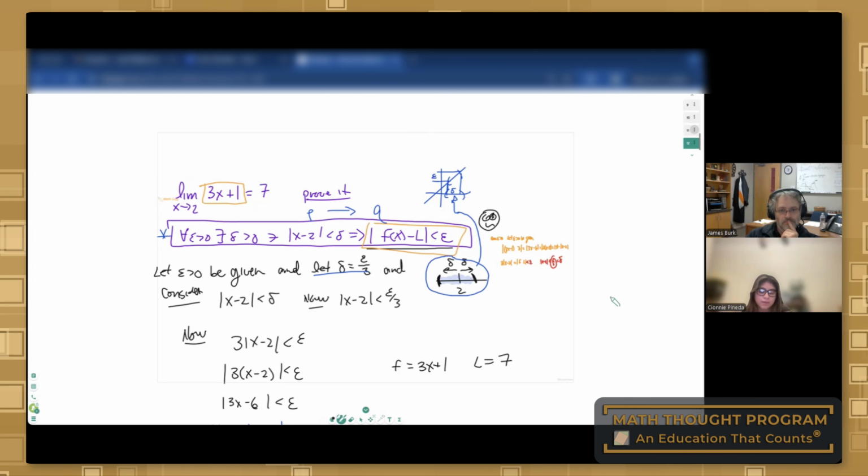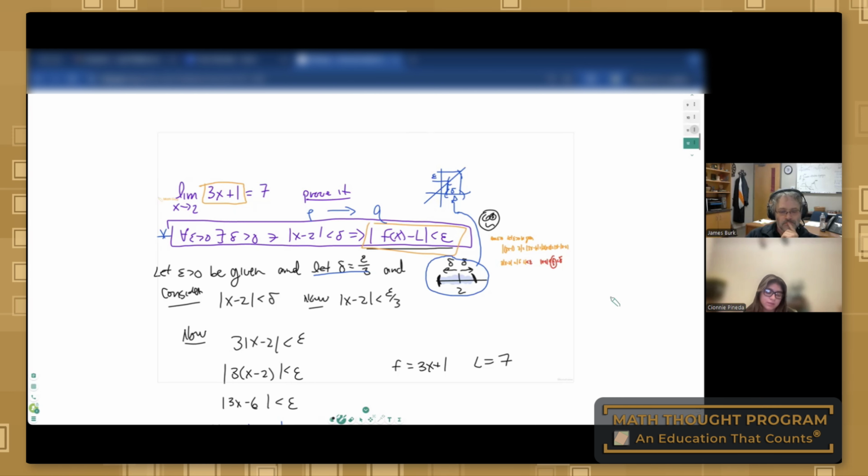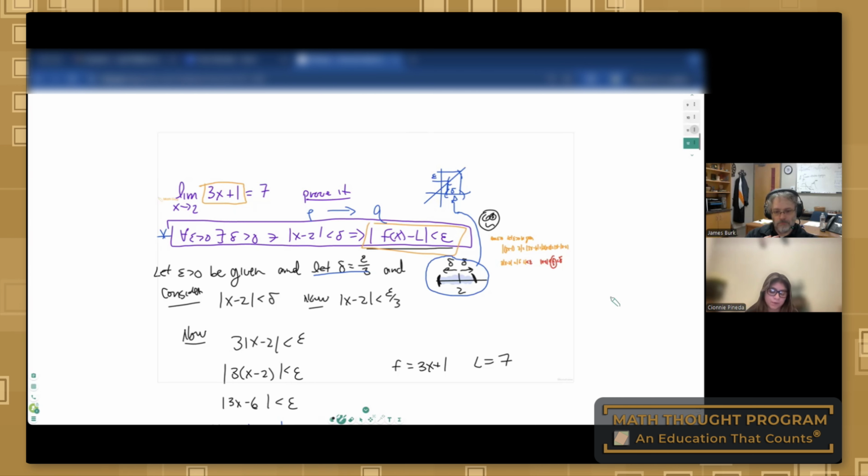Then I'm solving it like 3x minus 6, and then taking out 3 to isolate the x minus 2, and right there recognizing that it's the f minus L less than epsilon. It's just 3 times the absolute value of x minus 2, and then finding my delta by dividing by 3, so the absolute value of x minus 2 is less than epsilon over 3.